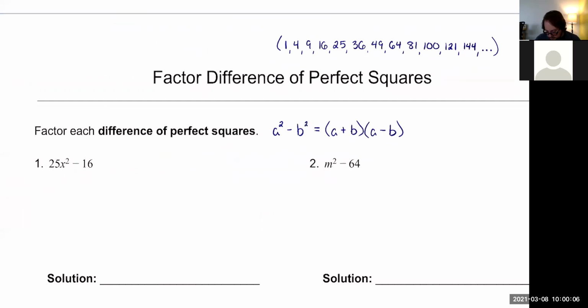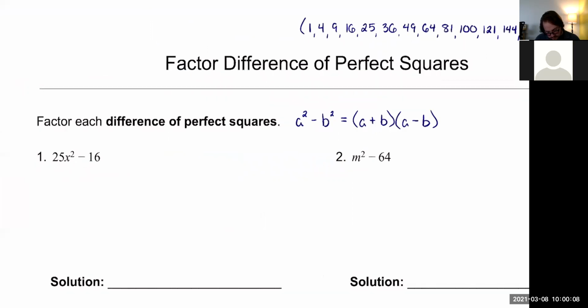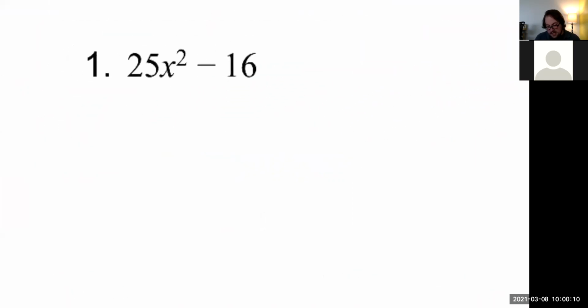So jumping into the first one here. I already suspect it's a difference of perfect squares because, 1, it's a binomial; 2, I see subtraction; 3, this is the one we really need to consider more heavily: are those perfect squares? Sure, those two values are on my list.